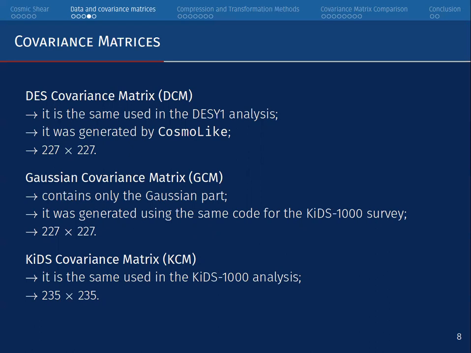These differences are introduced on purpose to allow for measurable differences between the constraints obtained for the Gaussian covariance and for the DES one. Finally, the third covariance matrix that we use is the one that was used in the KiDS 1000 analysis. This matrix is not going to be used here for matrix comparison or parameter estimation comparison. We'll only be using it to test our compression schemes.